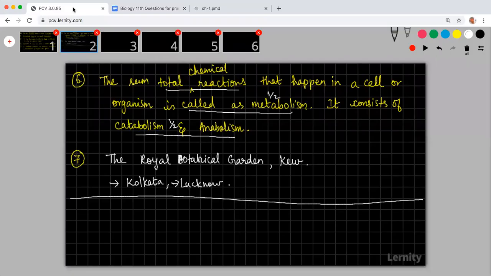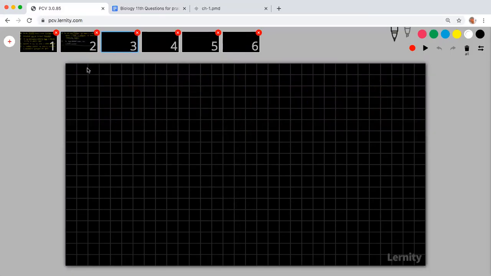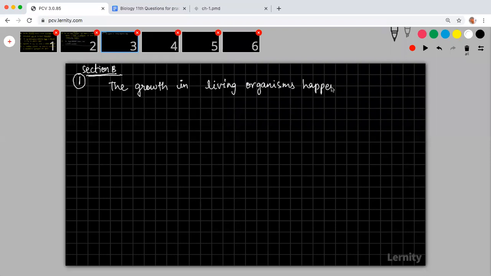So how would you write it? You have the first question in section B. The growth in living organisms happens internally. It is intrinsic.